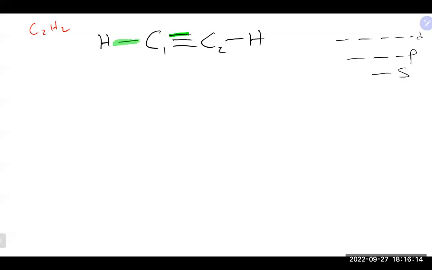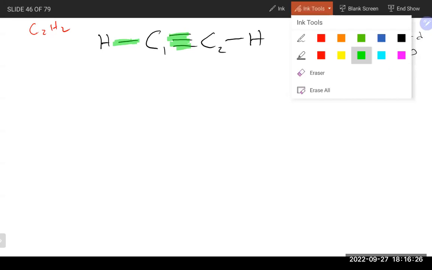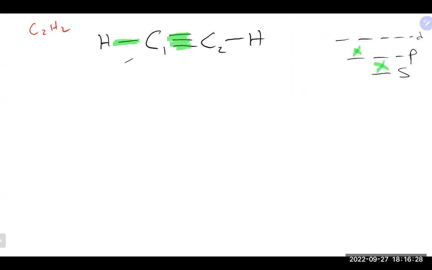And again, the triple bond, just like geometry, will count as only one. So basically it has two electron pairs, which means the hybridization of this guy is going to be sp hybridization. So this guy will hybridize as sp. Carbon 2 is identical. It has basically the same two electron pairs. So it will also hybridize as sp.